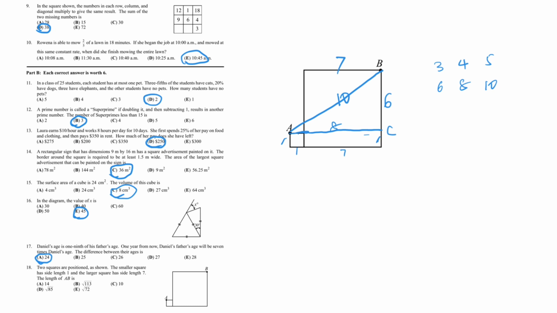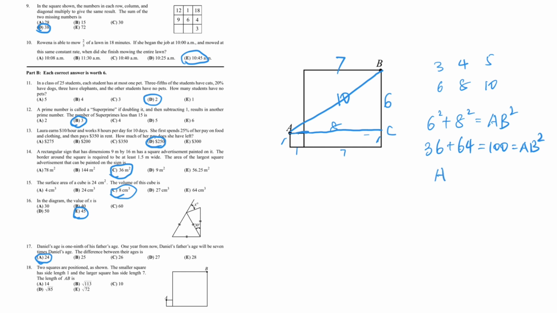If you don't know the Pythagorean triple, just use the Pythagorean theorem. Use 6 squared plus 8 squared equals AB squared. 6 squared is 36. 8 squared is 64. That's 100 equals AB squared.